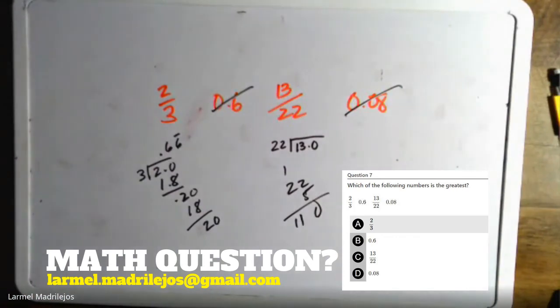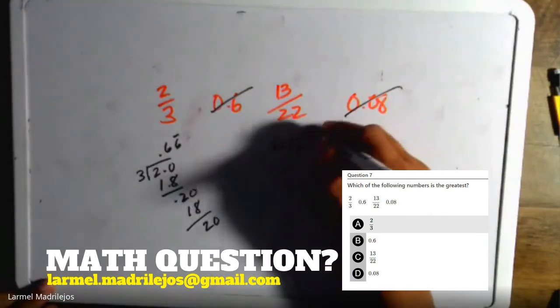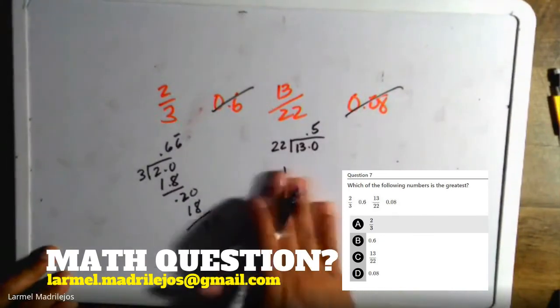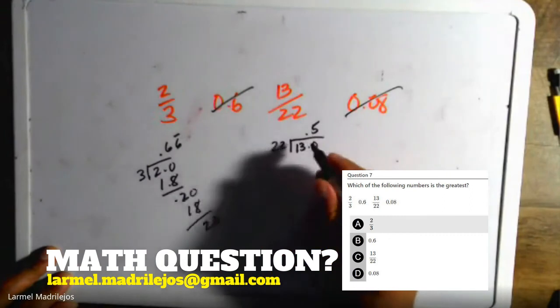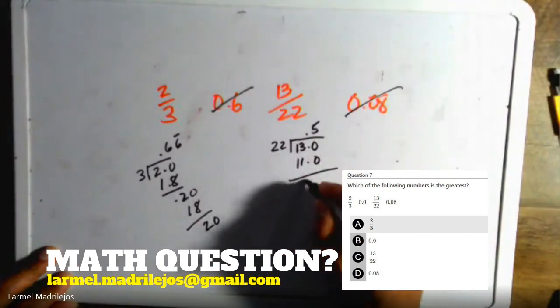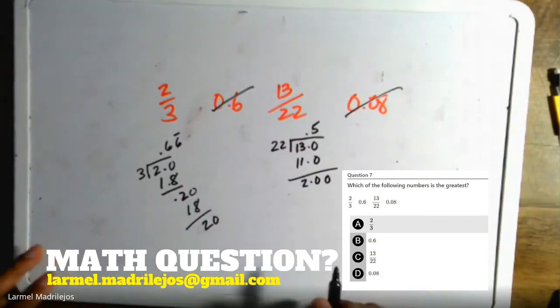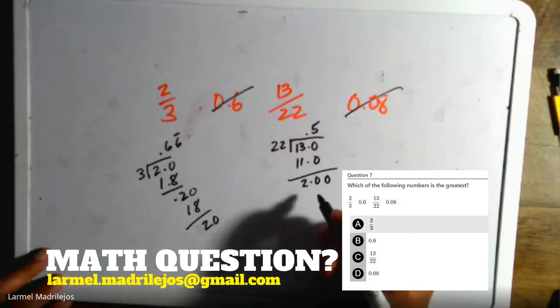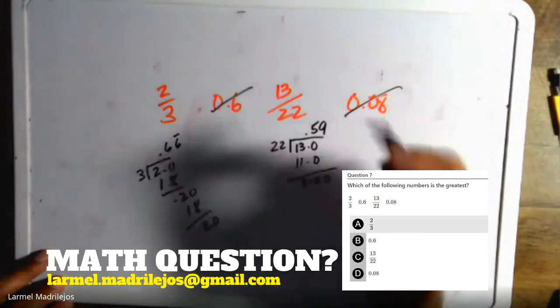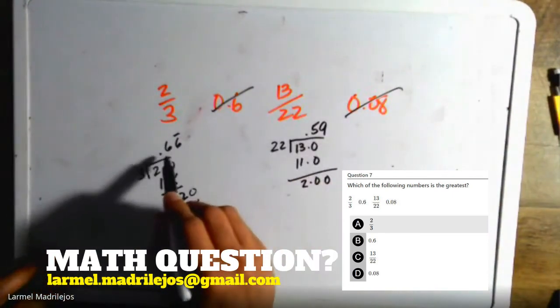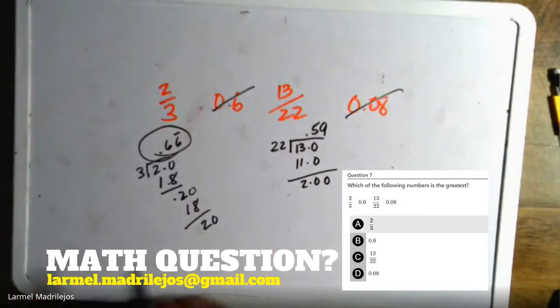Looks like for me it's 0.5 here. 5 is 110. It's 20 here. Drop down the 0. It's 0.59, I guess. Yeah, it's 0.59. So you're looking at these two numbers here. This is bigger, so the answer is 2/3.